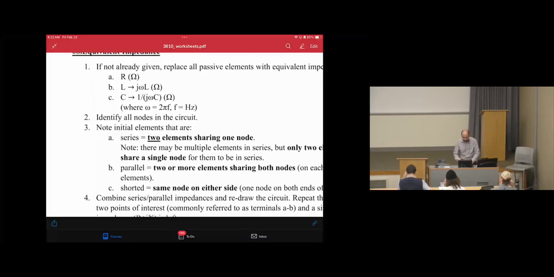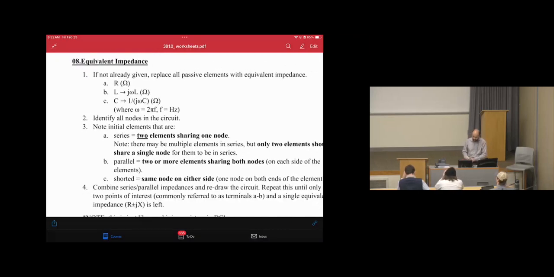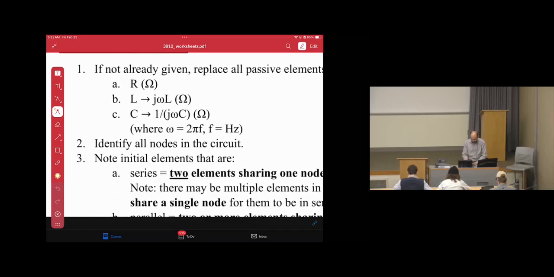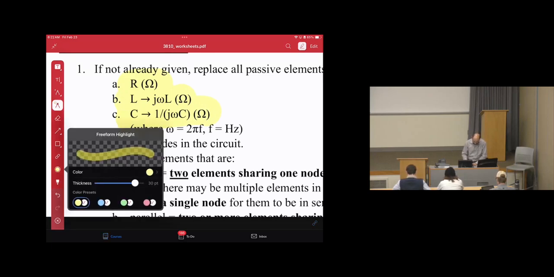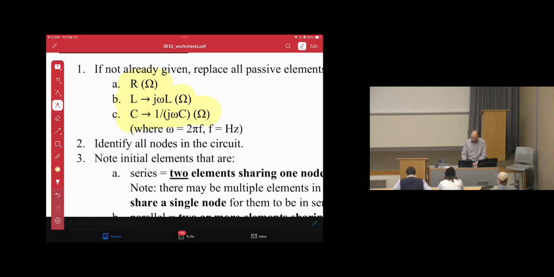So the first thing is to convert all of the elements into ohms, or to the phasor domain. The resistor stays as is, inductor j omega L, capacitor 1 over j omega C, such that omega equals 2 pi times f, which must be given.